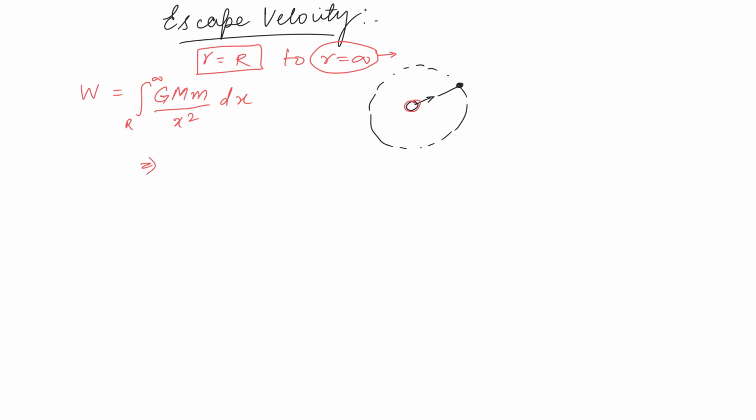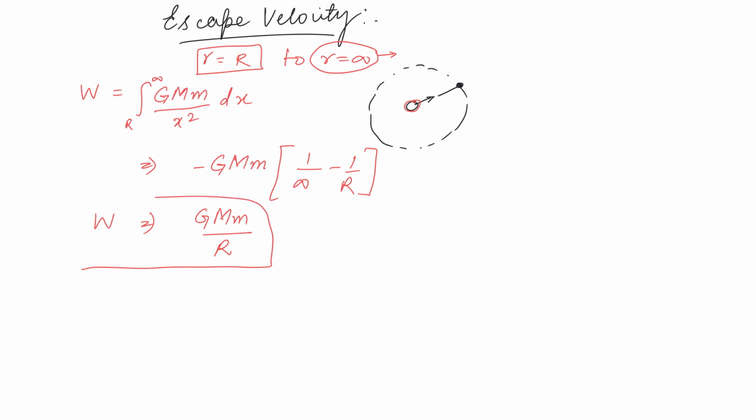So after integrating, we will get minus capital G small m, 1 upon infinity minus 1 upon r. So it will be W equals G m upon r. So this is the work required to project the body so as to escape the gravitational pull.